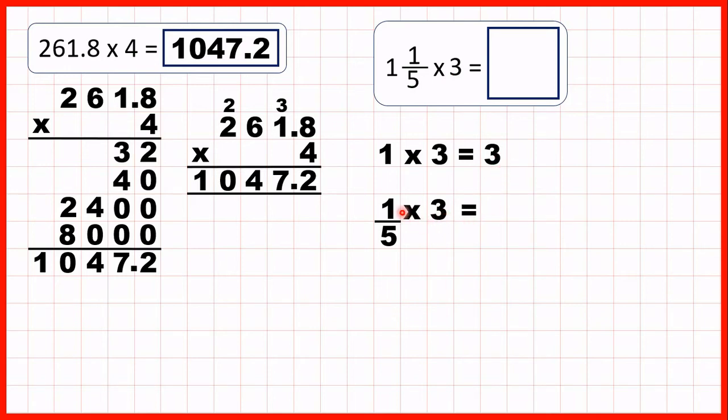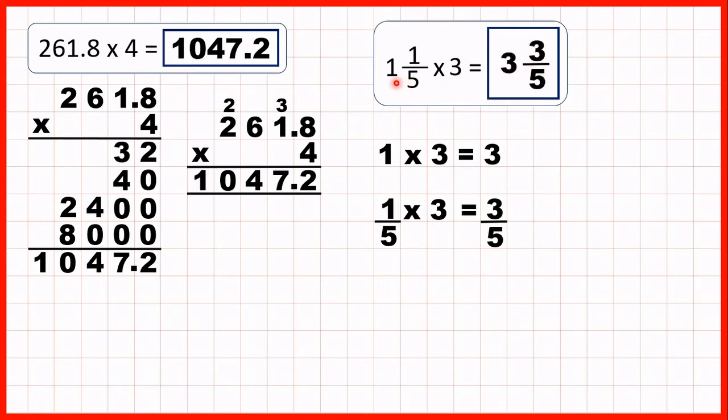But remember, when we're multiplying a fraction by a whole number, we only multiply the numerator. We leave the denominator the same. So 1 times 3 is 3, but the denominator stays the same. So we have 3 plus 3/5, so that's our answer.